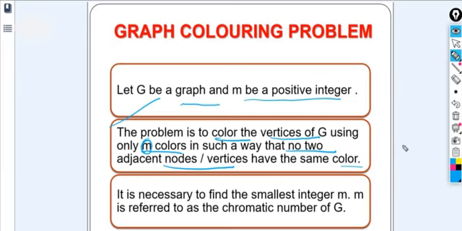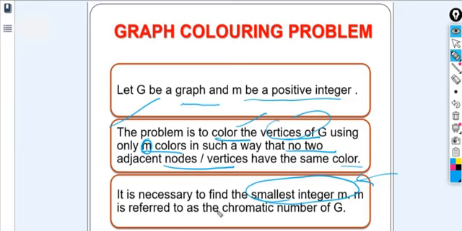By default we have to take the minimum number of colors to color all the vertices of the graph, so it is necessary to find the smallest integer value of M.